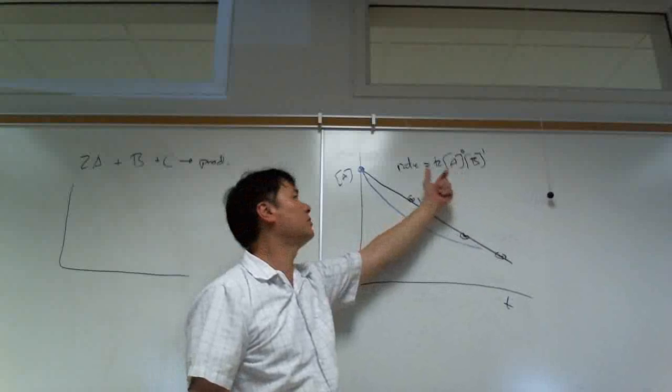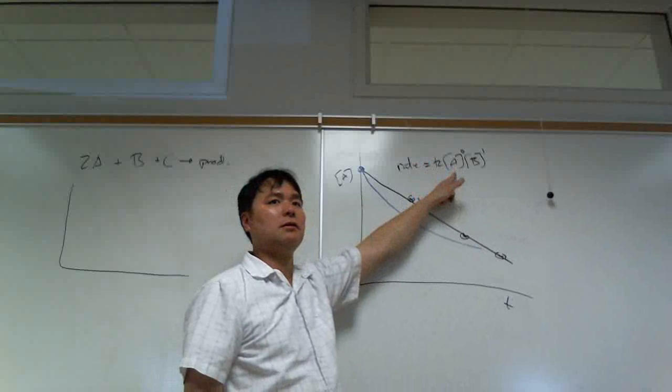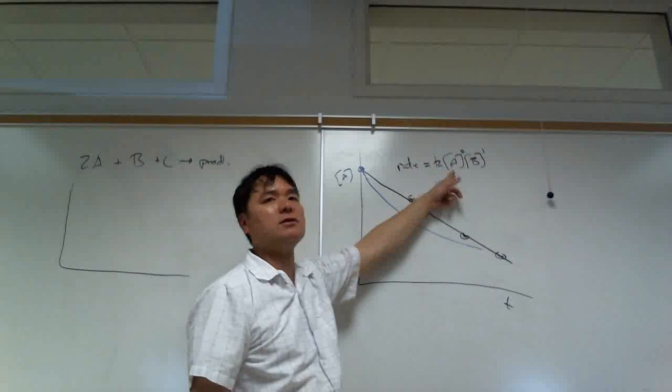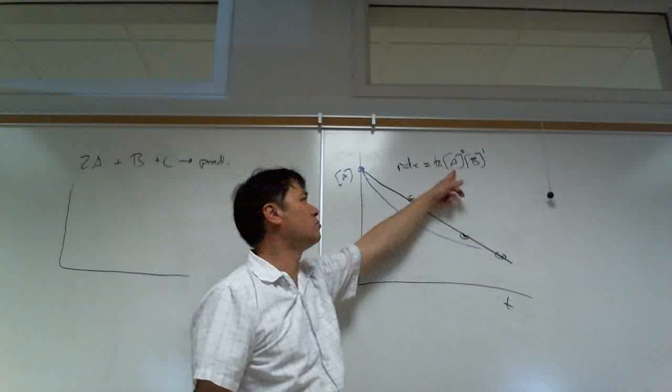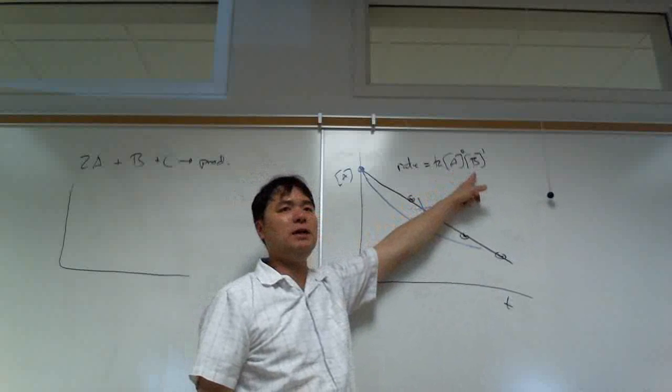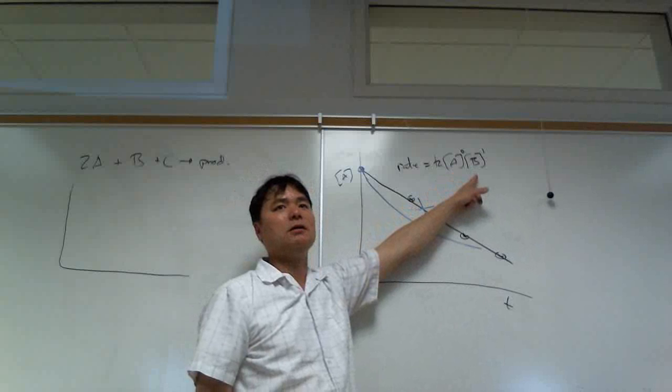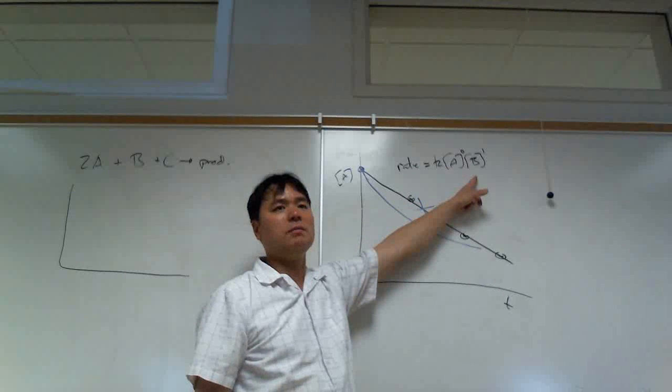Does anything happen to the rate? No, because there's no dependence on A. A to the 0th is just 1. If I double the concentration of B, will something happen to the rate? Yeah, the rate should double.